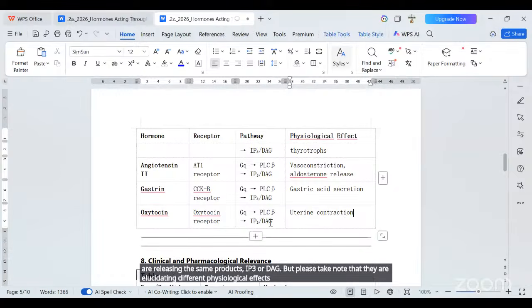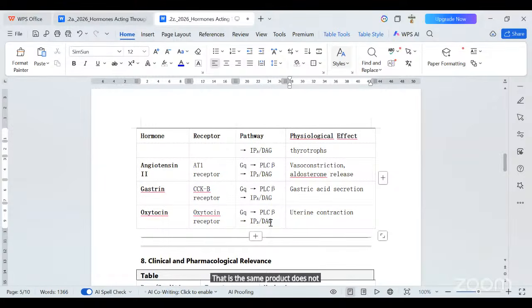That is, the same product does not mean that it will be the same effect. The effect will depend on the hormone that triggered the reaction.